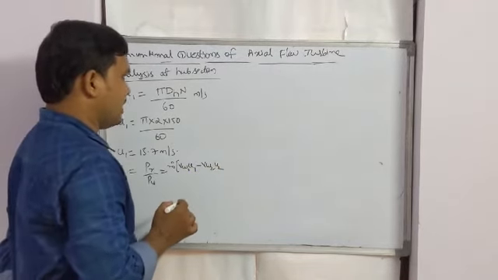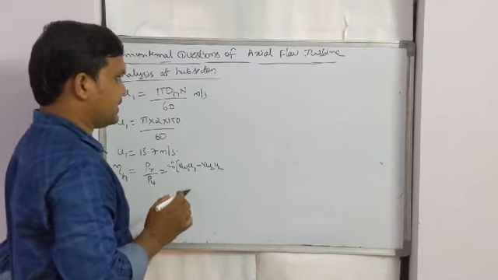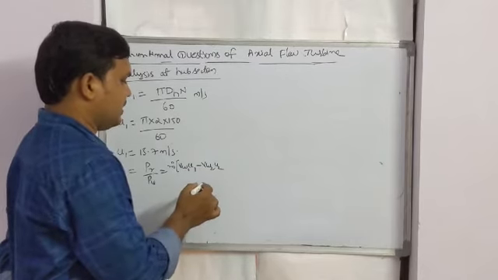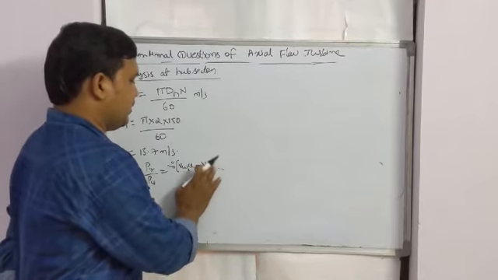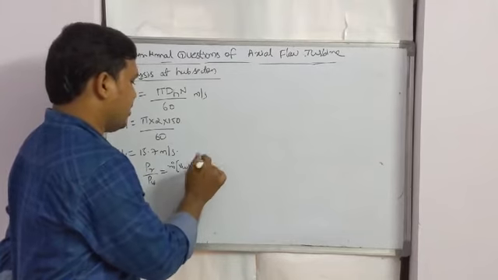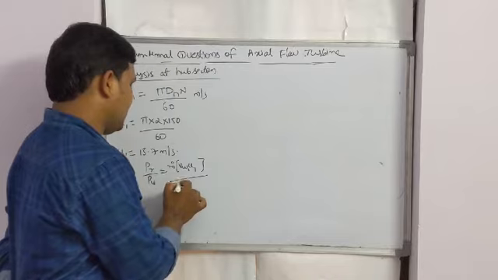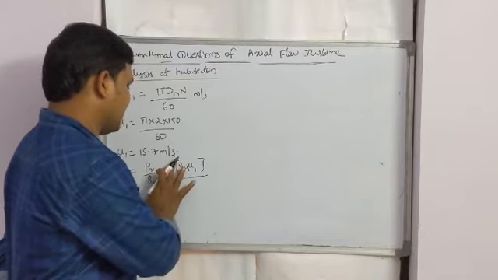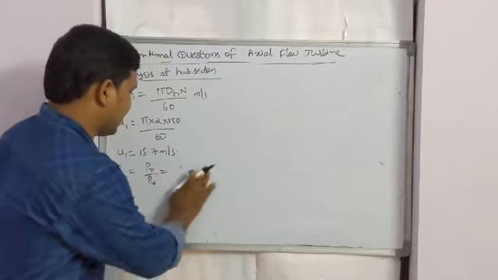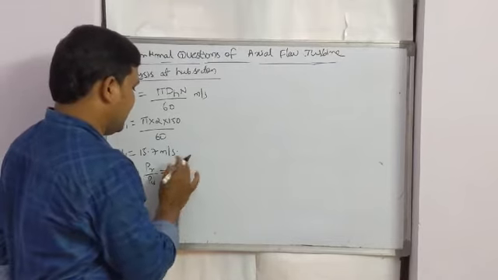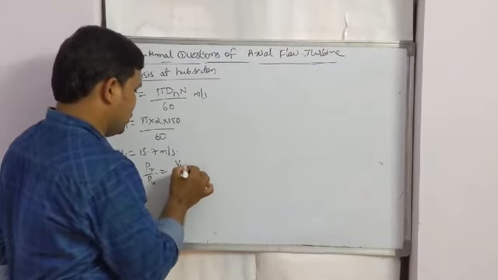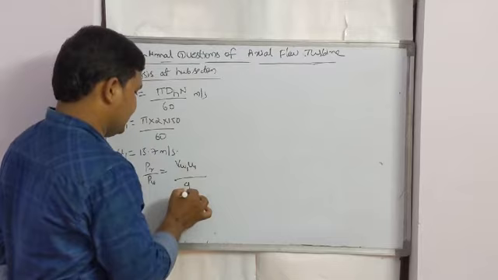In an axial flow turbine, exit flow is in the axial direction, that's why whirl velocity will be 0. In the problem, water power is equal to rho Q G H, then m dot cancels out. So I will write the finalized formula: VW1 U1 by G H.